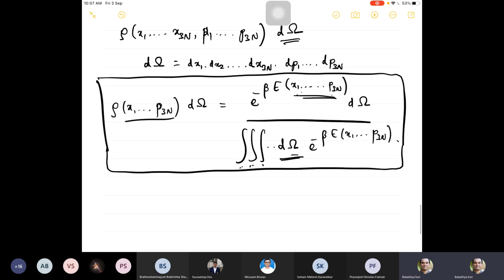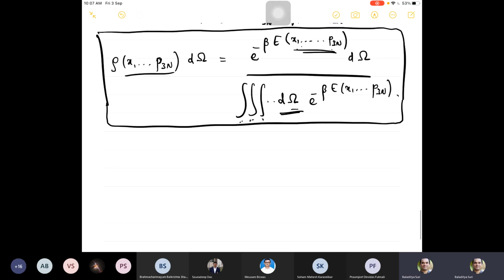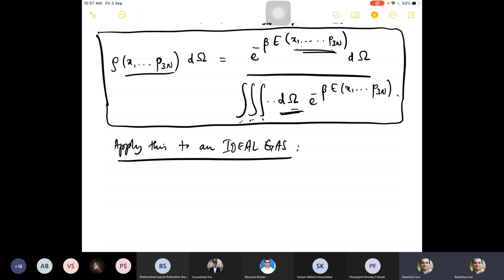Let us now apply this to an ideal gas. For simplicity, let us consider a monatomic gas. When I say ideal, we don't include any interactions between the molecules.